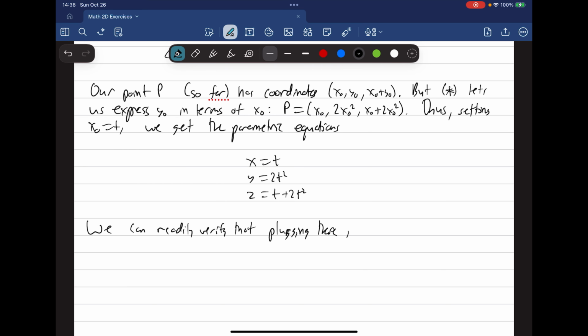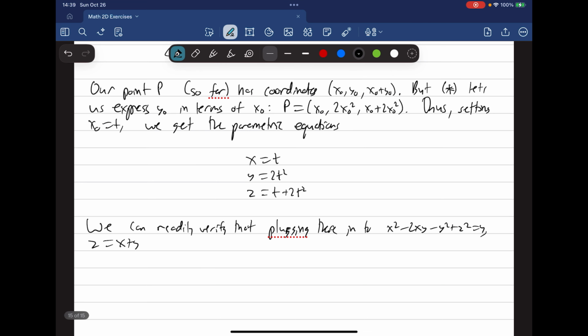Plugging these into our two equations, x squared minus 2xy minus y squared, and then our second equation, x plus y, we can readily see that we satisfy these equations. It's just a little bit of algebra. Therefore, let me make this a bit nicer, my bad.